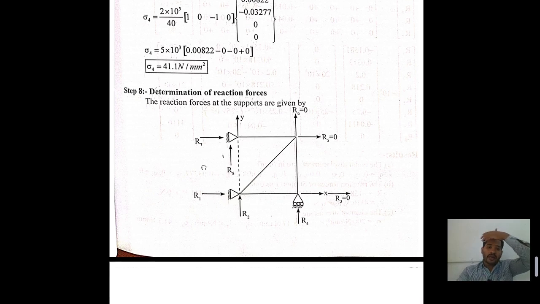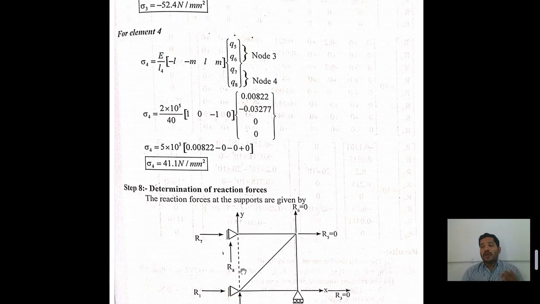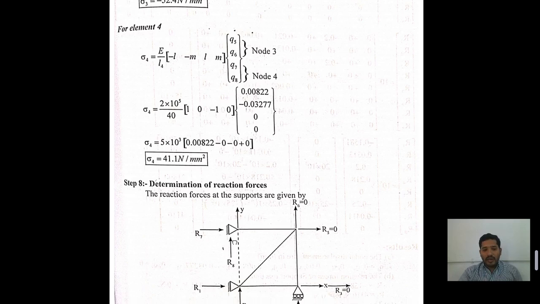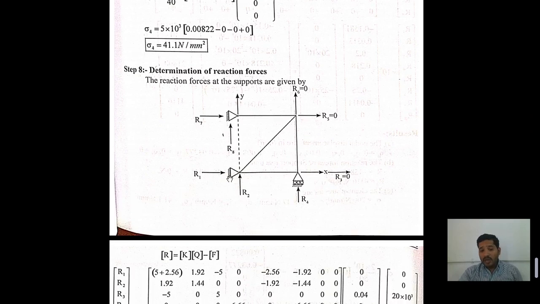In step number 8, because we got the values of sigma 1, sigma 2, sigma 3 and sigma 4, after that we need to find out the values of R1, R2, R3, R4, R5, R6, R7. Clear? Let us see this figure. If it is a hinge support, which reactions will act?